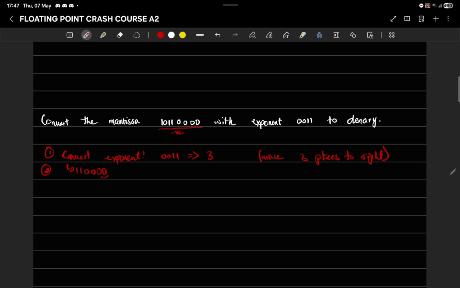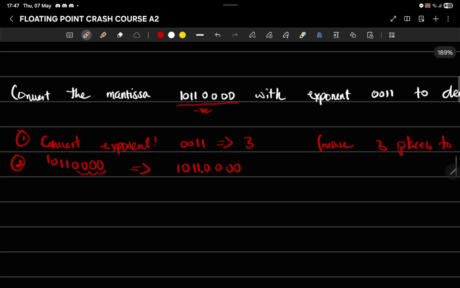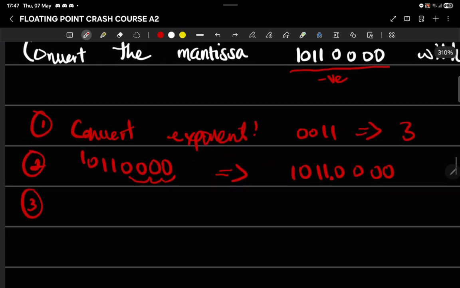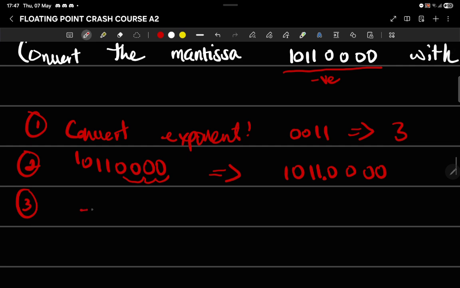So we move 3 places, 1 2 3, giving us 1011.0000. Now since the most significant bit is negative, we would say that it's minus 8. See, it's 1 over here, so it means this is a negative number. Minus 8 4 2 1.